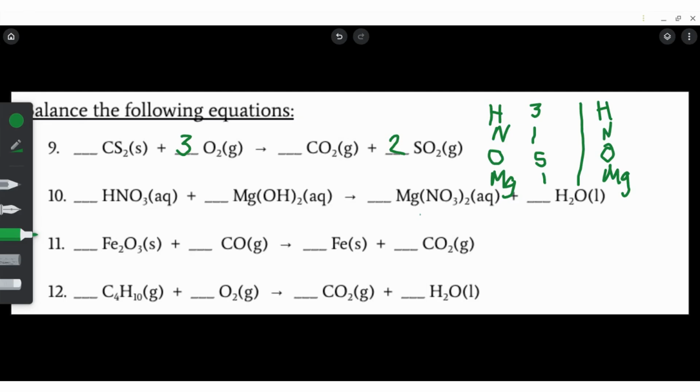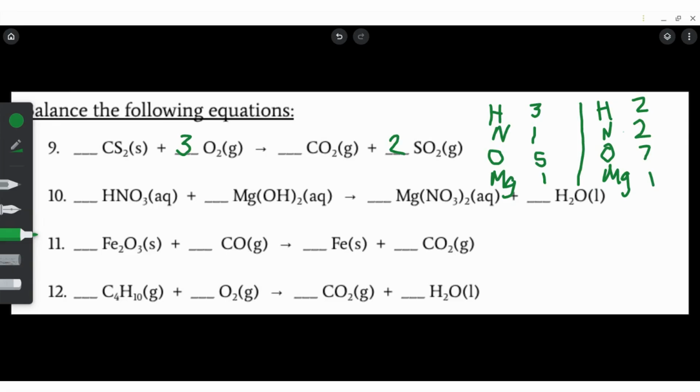And then on my product side, we have 1 magnesium, and we have 2 nitrogen, and then we have right here that's 3 oxygen times 2, so that's going to be 6 oxygen plus 1 right here is going to give us a 7. And then hydrogen, we have 2 right here.